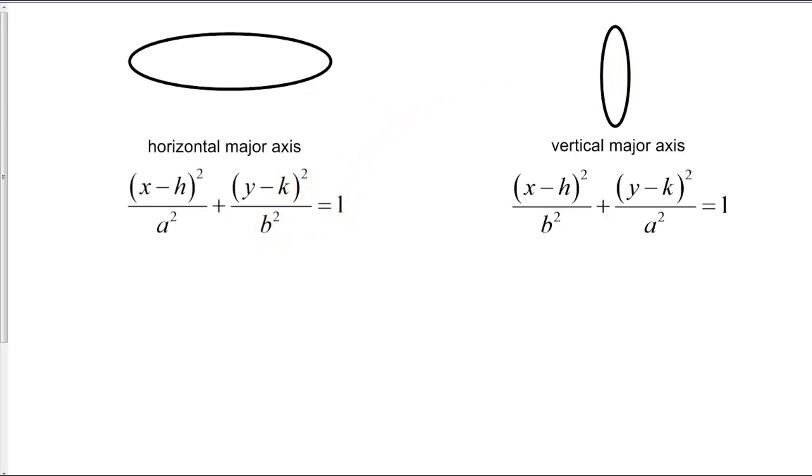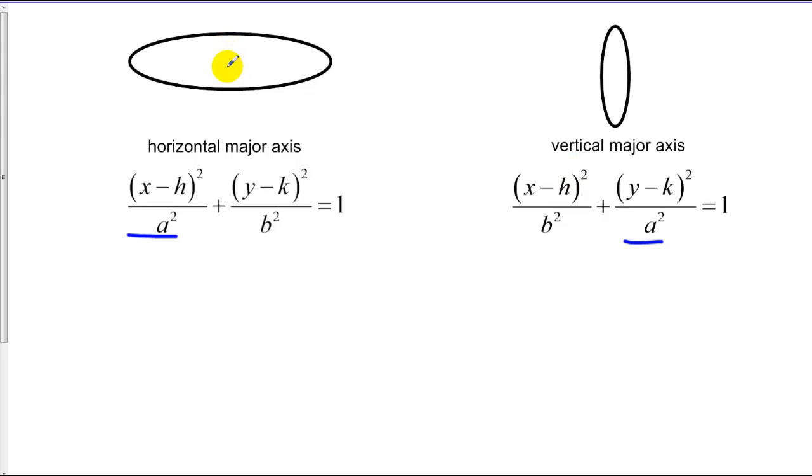Or if I have a vertical major axis, so a tall standing ellipse, then I have (x minus h) squared over b squared plus (y minus k) squared over a squared equals 1. And remember, in both of these cases, a is the longest term. So you can distinguish what type of ellipse you have by finding the biggest denominator. If that biggest denominator is under the x, it's horizontal. And if it's under the y, it's vertical.